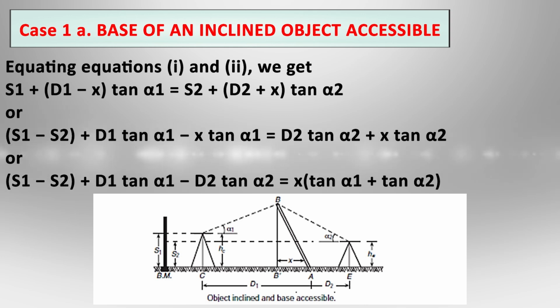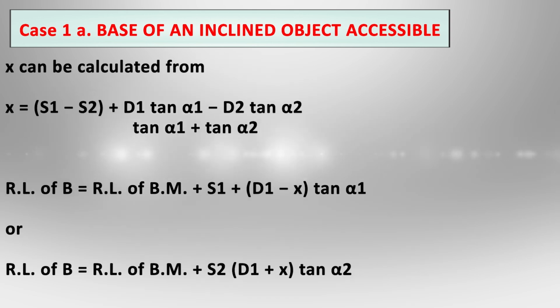Or we can bring both the staff intercepts on one side and tan values on the other side. So we get X is equal to S1 minus S2 plus D1 tan alpha 1 minus D2 tan alpha 2, divided by tan alpha 1 plus tan alpha 2.